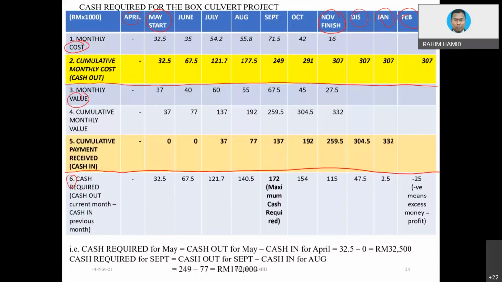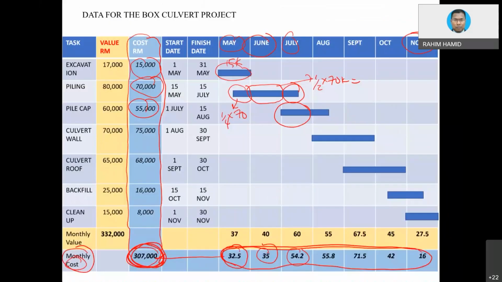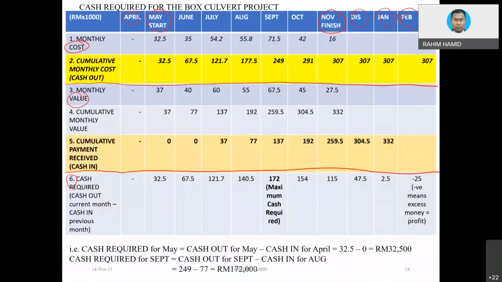Okay. Now let's start with the monthly cost. Remember, we already calculated the monthly cost here: 32.5, 35, 84.2, etc. What you need to do is simply copy. If, for instance, you already have a big piece of paper at the bottom of the slide here, then you just continue. You don't have to make another table. You just continue with your calculation.